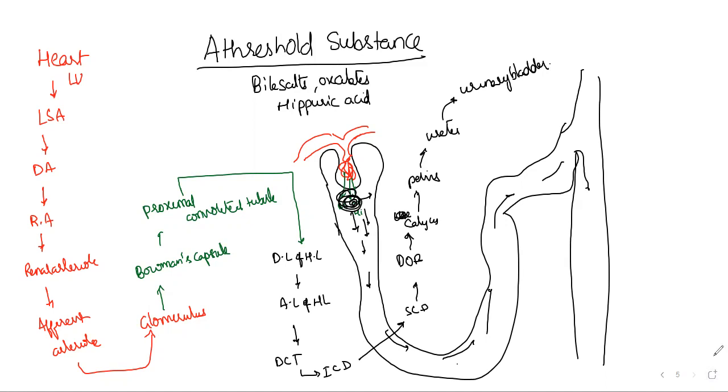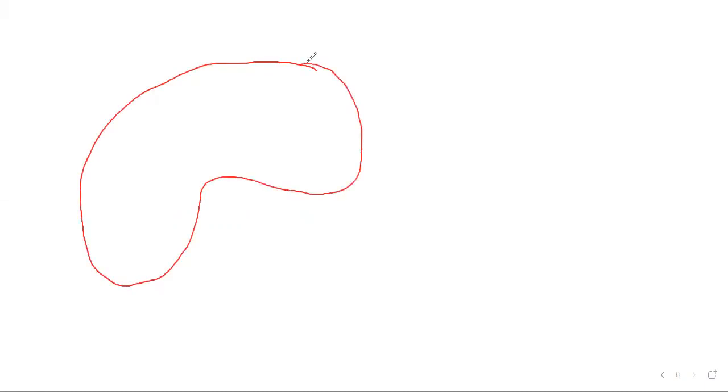Okay, so the same concept I'll show in the form of kidney, because most of the times we get questions from the excretory system exclusively concept based, means we need to understand the concept exactly. Okay, let me draw the kidney. First of all, let me draw the kidney. This is kidney. What are the blood vessels which are entering into the kidney?